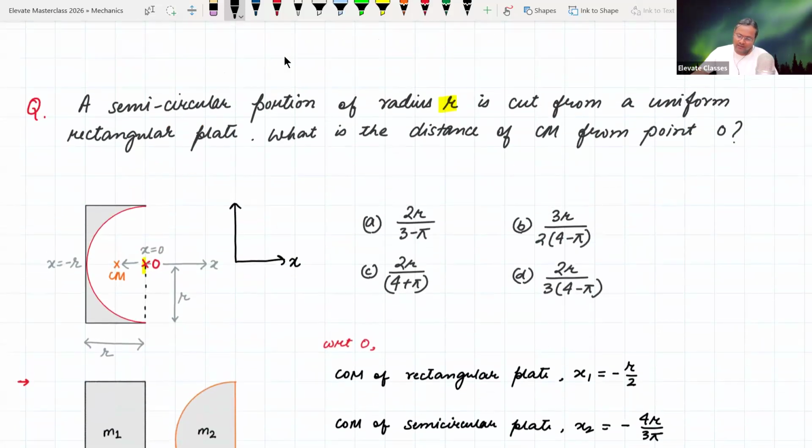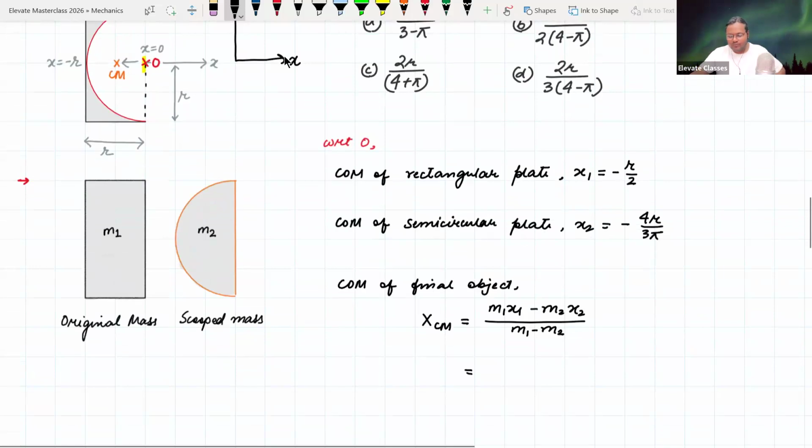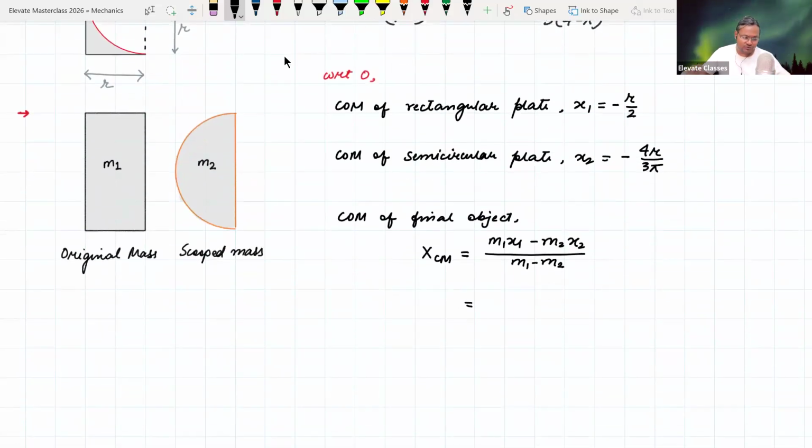But we don't know m1 and m2. For m1 and m2 we again have to use the uniform mass density. So let's suppose that surface density is given by sigma. So m1 is equal to sigma times area of the rectangular plate.